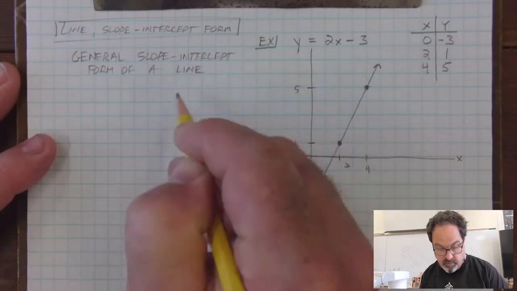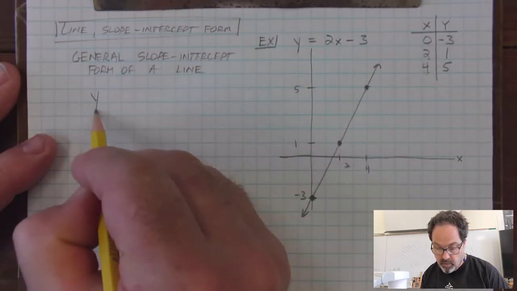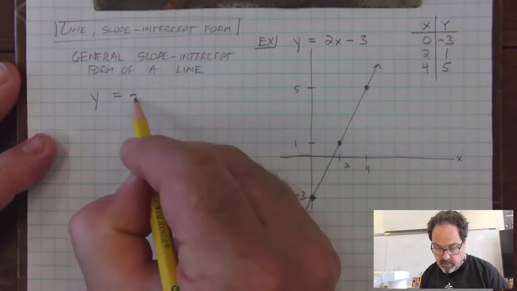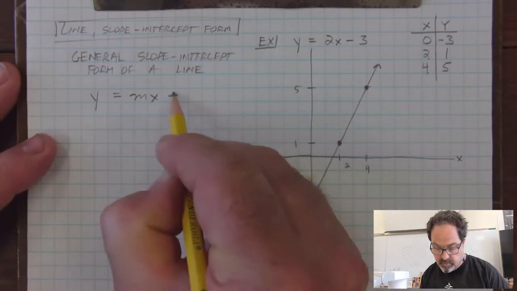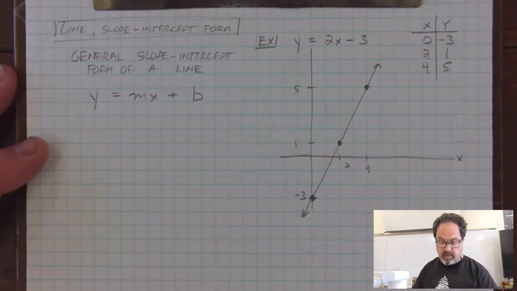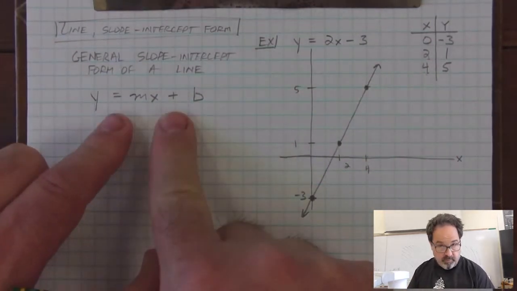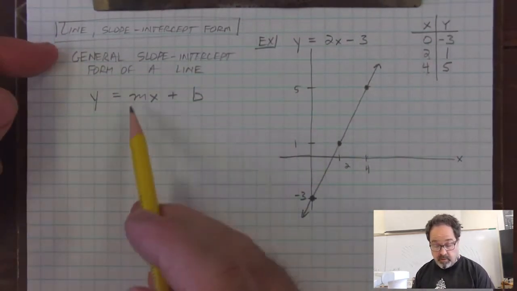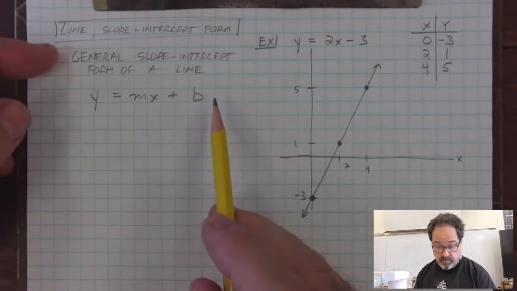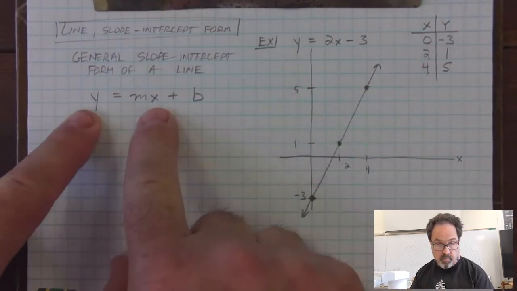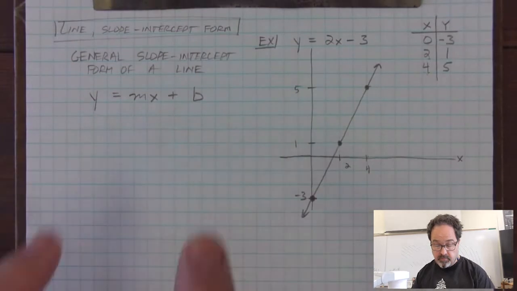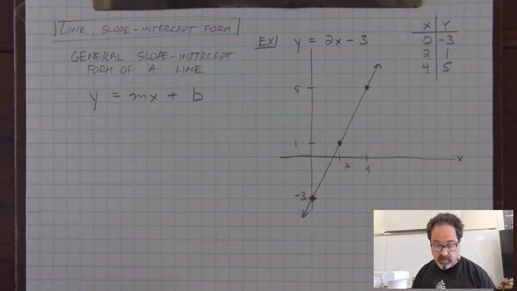And this general equation is y is equal to m times x plus b. This is an equation of a line, but it's in general terms because we don't have any specific numbers. We still have the two variables x and y, but we've also used letters to represent these pieces of a linear equation that are important.